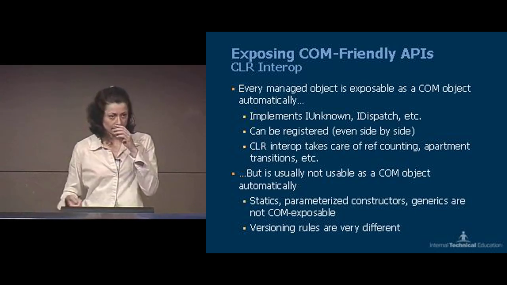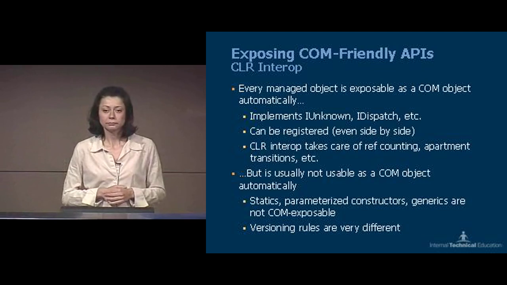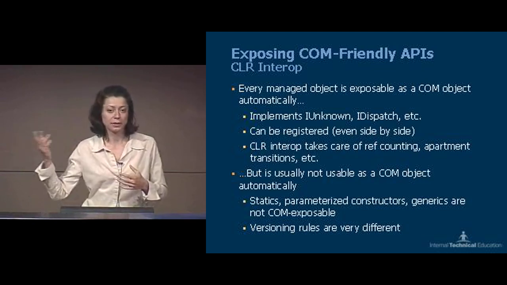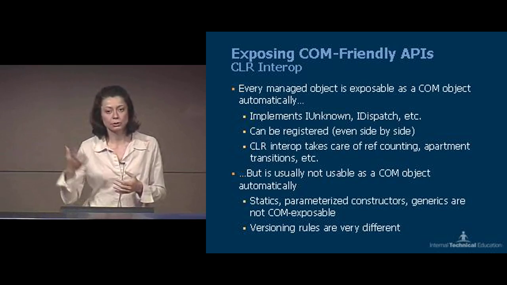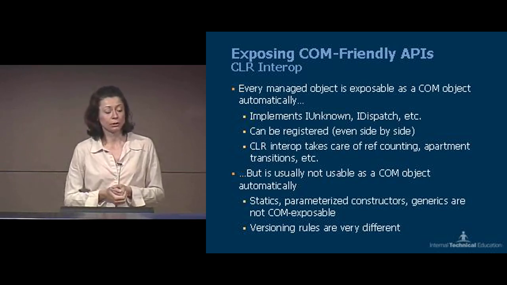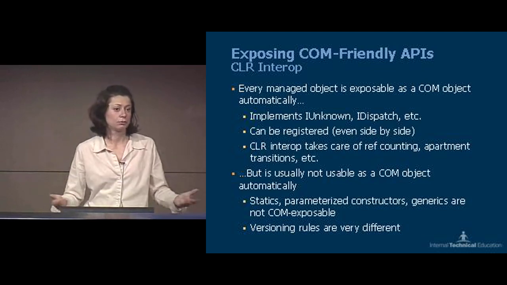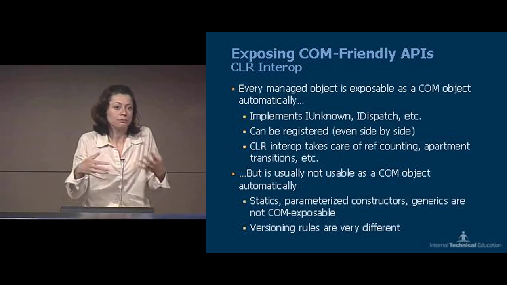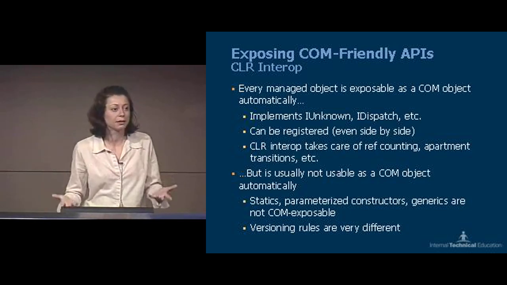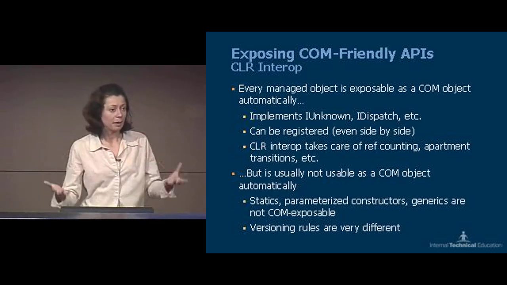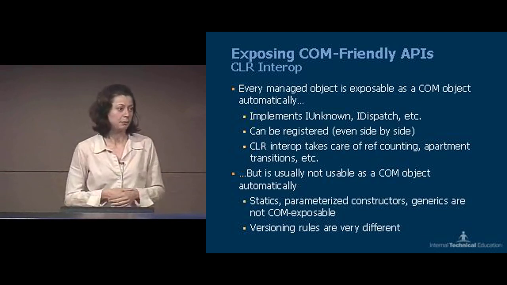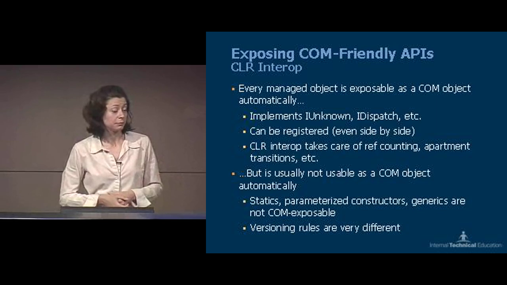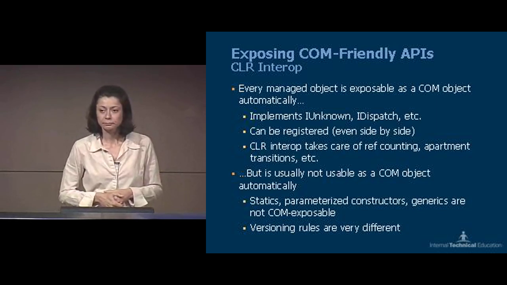Well, if you generate a type library from your assembly, what you will see is that all your public methods are automatically already exposed to COM. So you basically don't need to do almost anything. As soon as you have a public class that has public methods, that will be visible to COM clients.